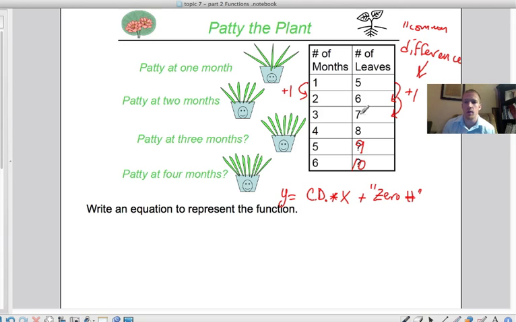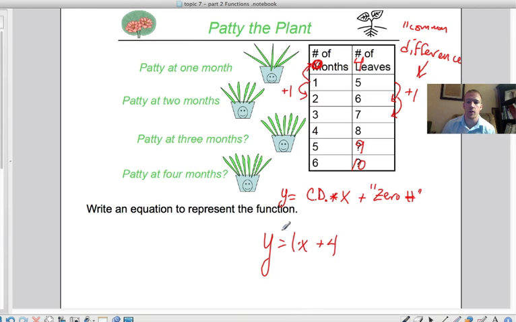The 0 number is, let's say we continue this pattern backwards once, what would our 0 number be? If our input was 0, then our output would be a 4 if we continue the pattern backwards. So here our function is y equals 1 times x plus 4.